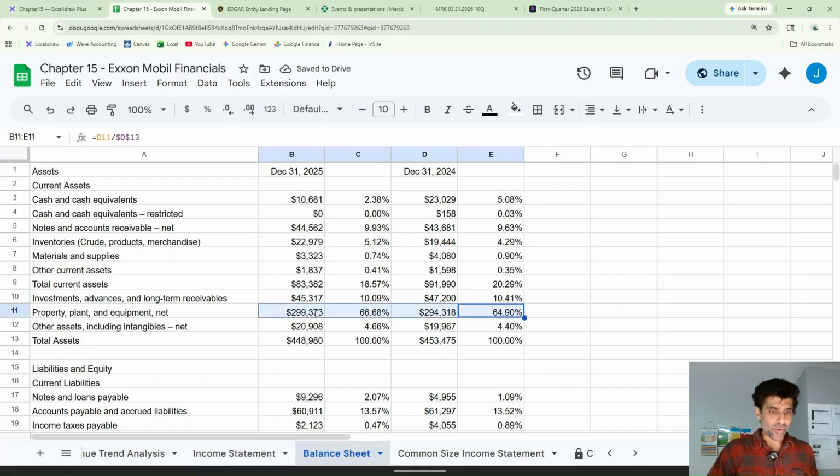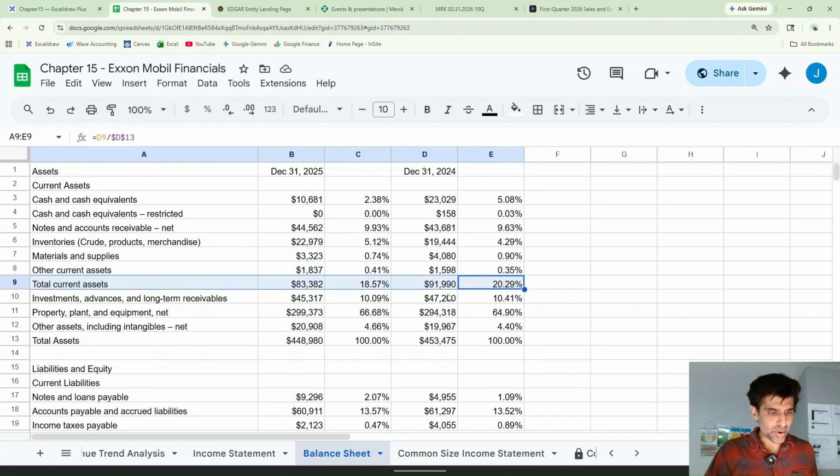Okay, so you can see that they've grown a little bit in PP&E, so they have probably net acquired more assets. You can see their current assets have dropped.